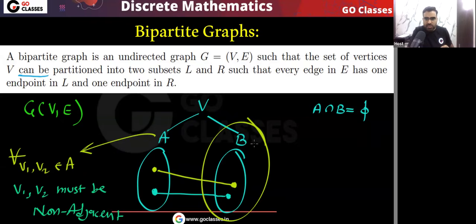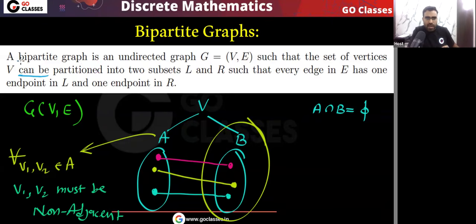Similarly, for B also the same thing you can say: for any two vertices, they must be non-adjacent. And if there is any edge, then that edge must have one endpoint in A, another endpoint in B. In this situation, we will say that this graph is a bipartite graph.